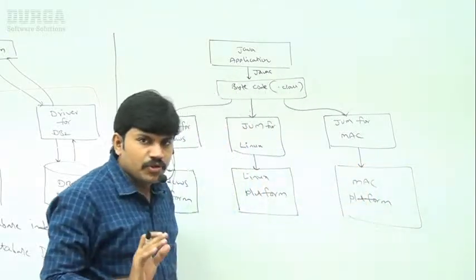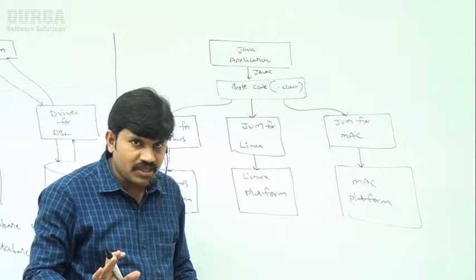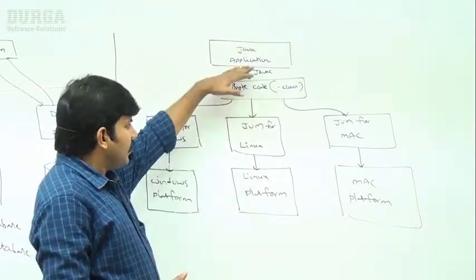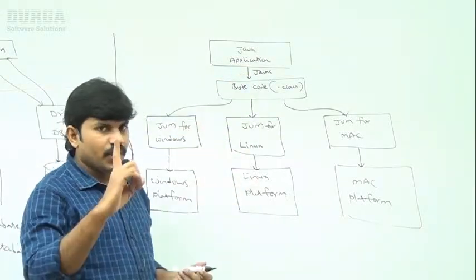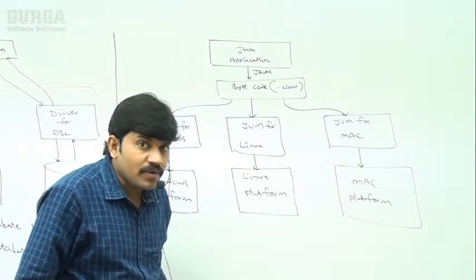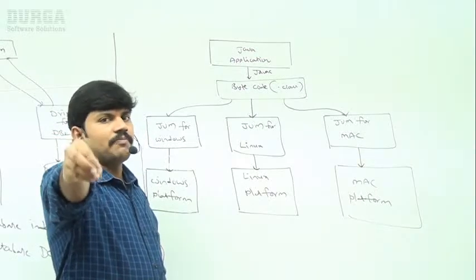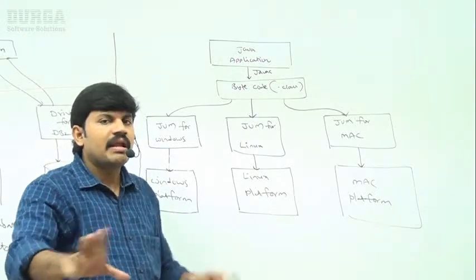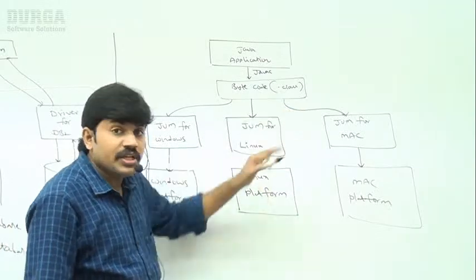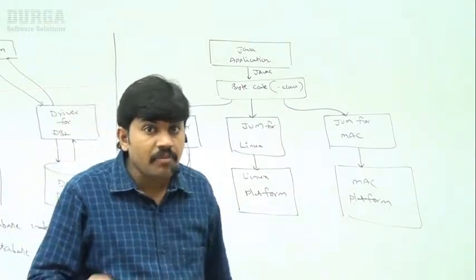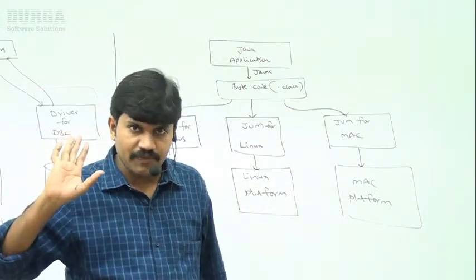The Mac machine can run this code. Everyone can understand, right? Now observe this one. How many applications are available? Only one application. But how many platforms are available? Three platforms. Now my Java application, once I write it, can run on any platform. This nature is nothing but platform independent nature. Clear for all of you, okay?